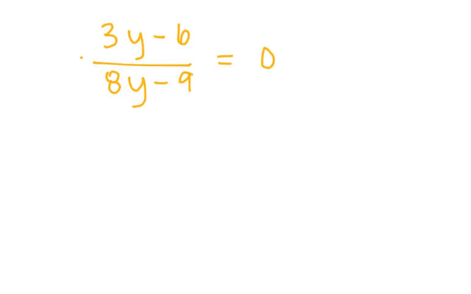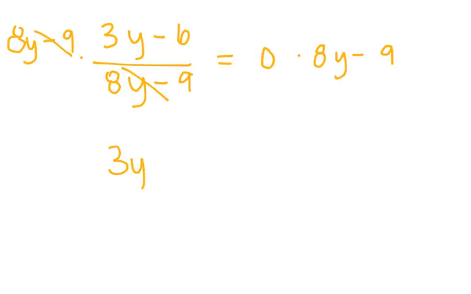Okay, now it's 3y minus 6 over 8y minus 9 equals 0. Then we multiply 8y minus 9 to both sides. So that cancels, and it's 3y minus 6 equals 0.